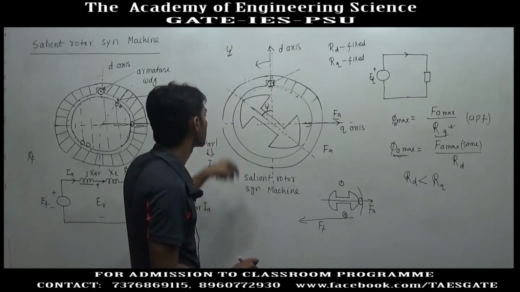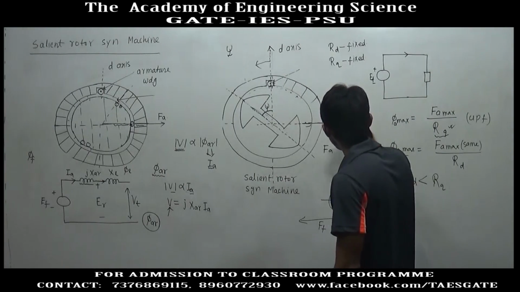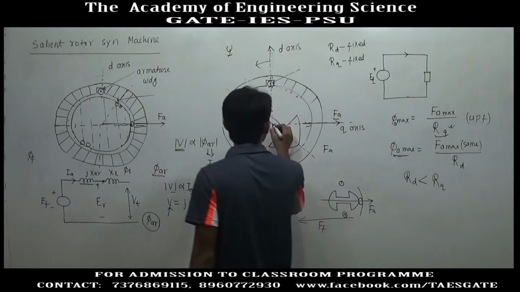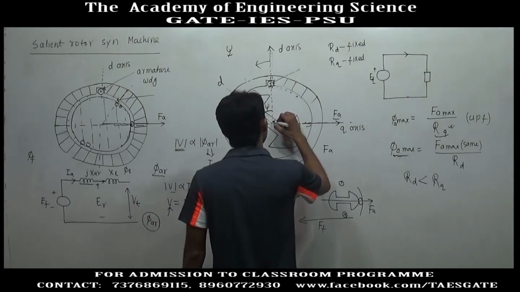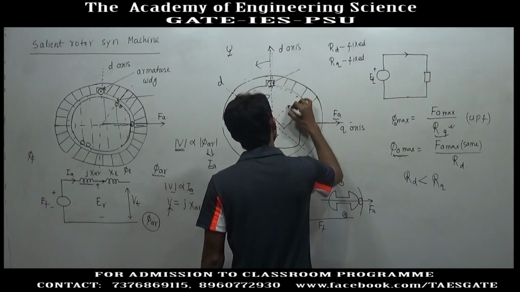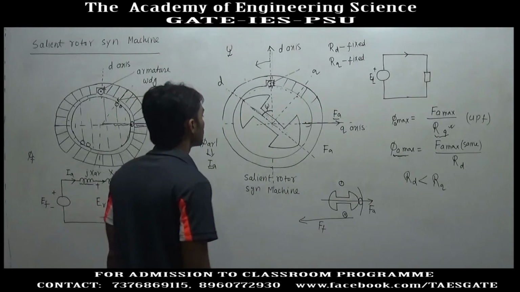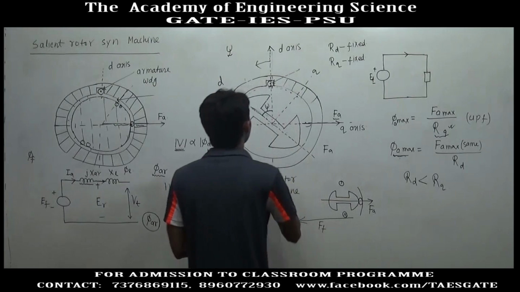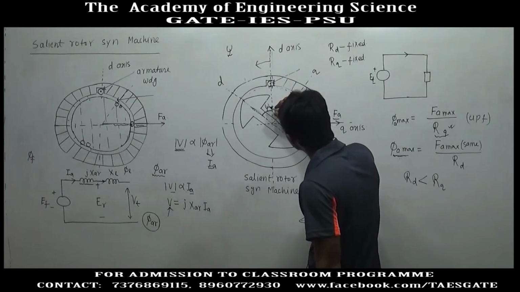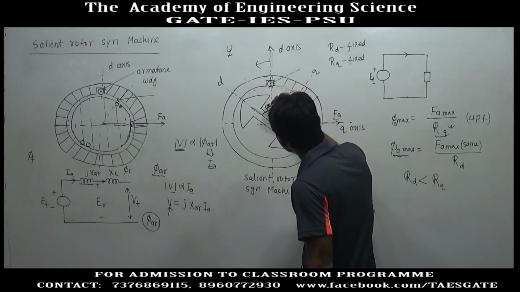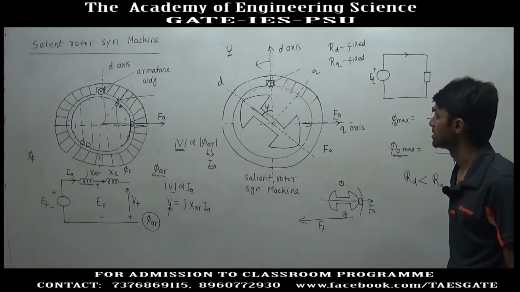So, this is the rotor position and current in this conductor is maximum. So, armature MMF in this direction is maximum, and this is the D axis, and this is the Q axis. And this is psi. Psi is the angle between maximum current and the generated EMF, not the terminal EMF.